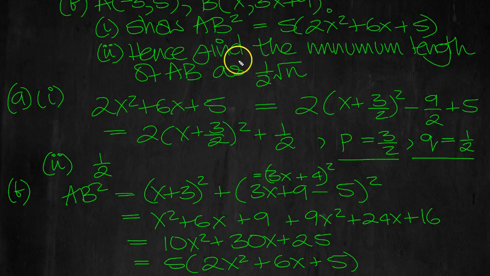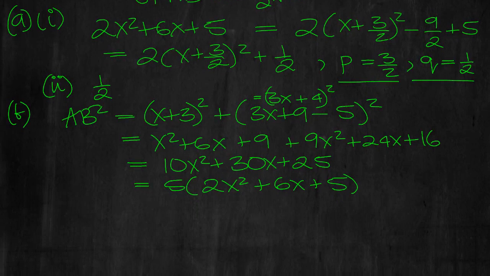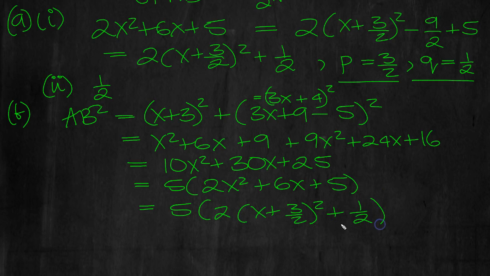Hence find the minimum length of AB as half root n. Well, this is equal to then 5 times, and then this 2x squared is just simply 2 x plus the 3 over 2 squared from the above plus a half. Close bracket.